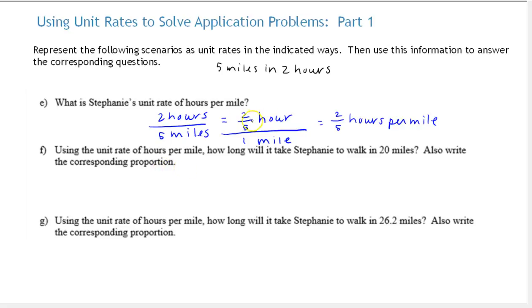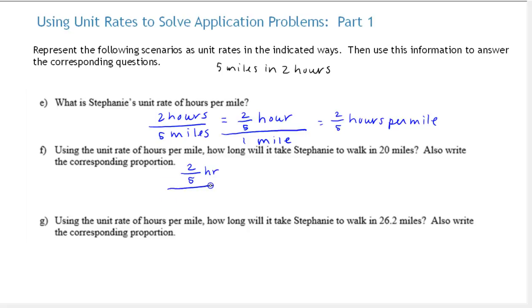So notice that this told us it takes her 2/5 of an hour to walk 1 mile. Now we want to know how many hours it takes her to walk 20 miles. Well, 20 miles is 20 times as large as 1, so we're going to need 20 times as large as 2/5 of an hour.